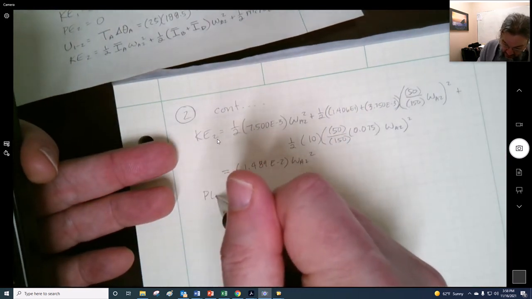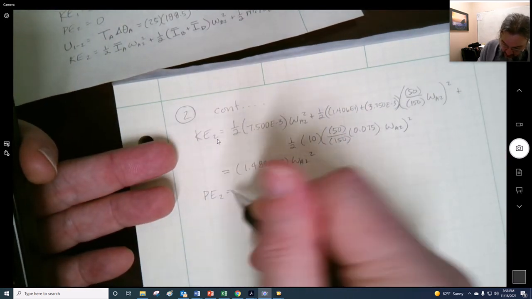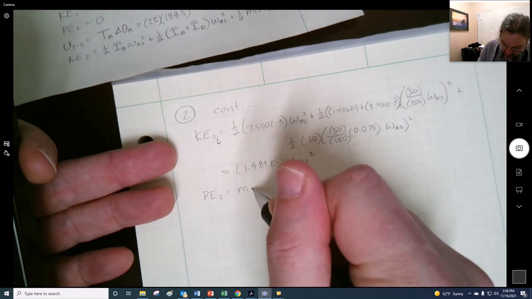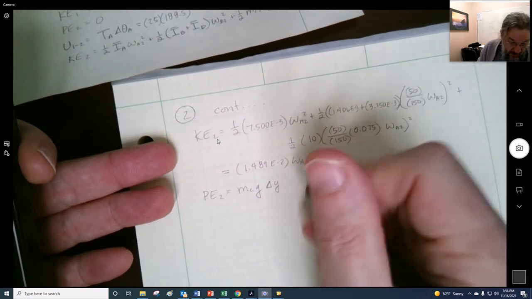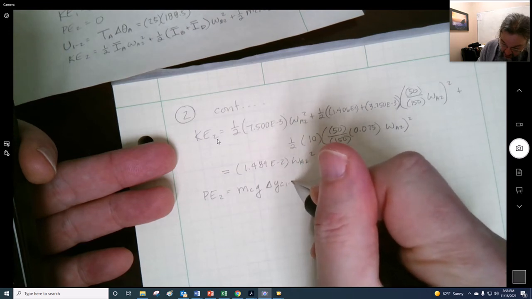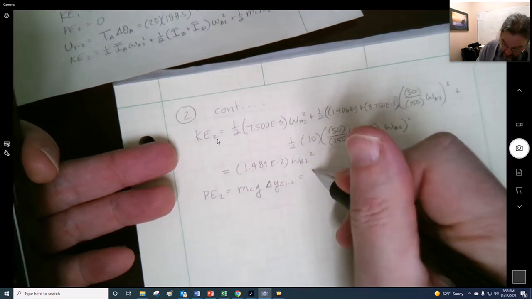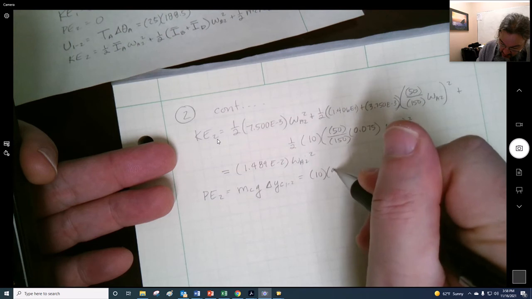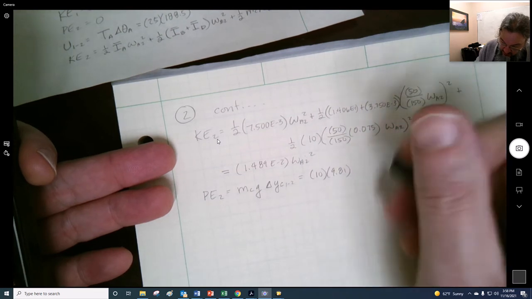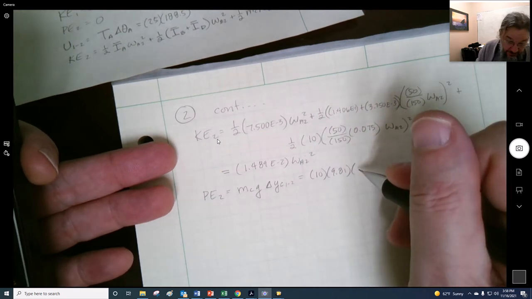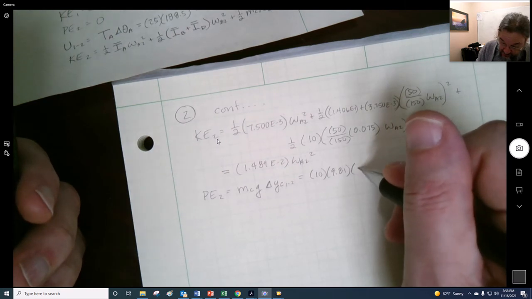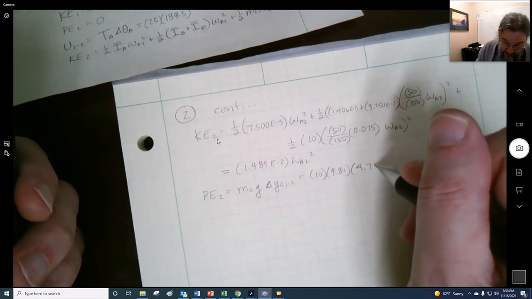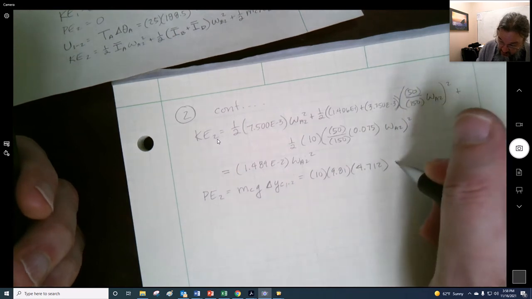And then lastly, PE2 is going to be mCg times delta YC 1 to 2, or 10 times 9.81. And we already found what that was going to be, didn't we? We said after 10 revolutions, yeah, 4.712 meters.